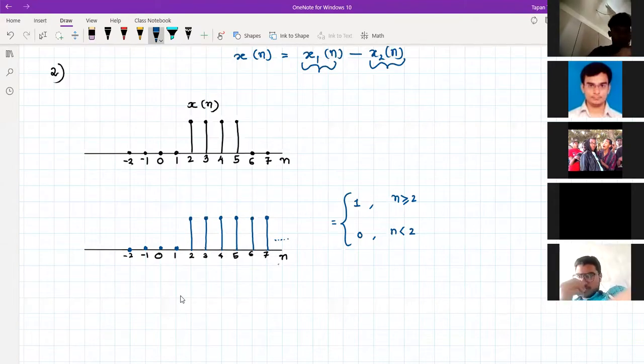How do you define this function mathematically? 1 for n greater than or equal to 2 and 0 for n less than 2. Sir, n less than 2, sir.